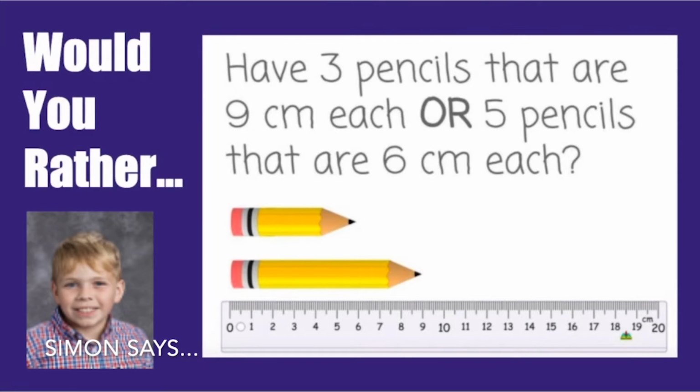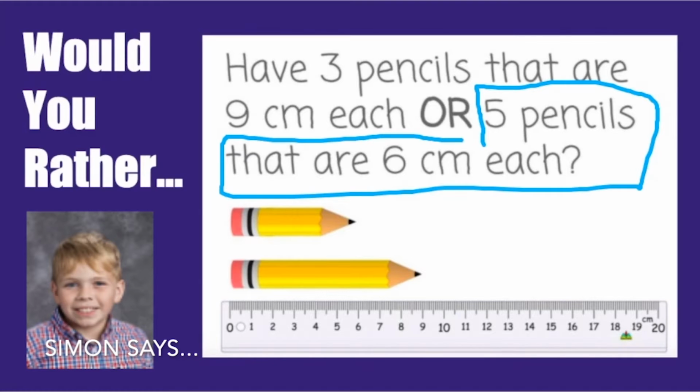But then I multiplied the 5 pencils by the 6 centimeters, and that was 30 centimeters. So I would take the 5 pencils that are 6 centimeters each because there's just more centimeters and I can write longer.